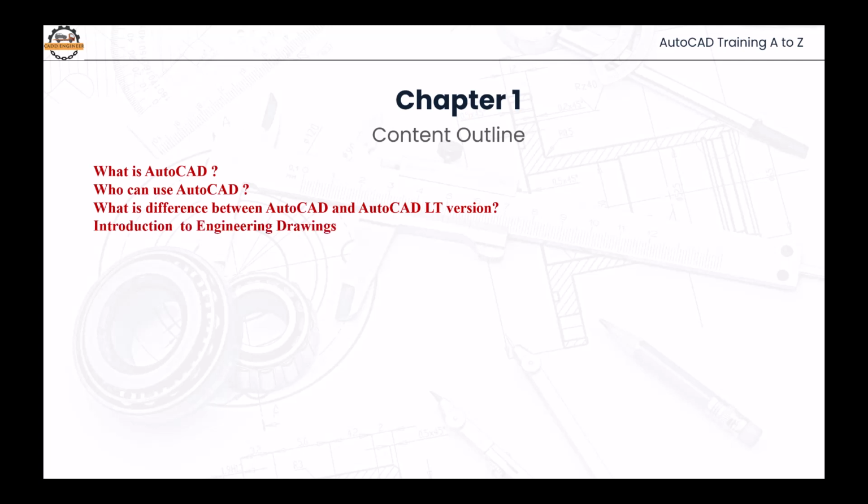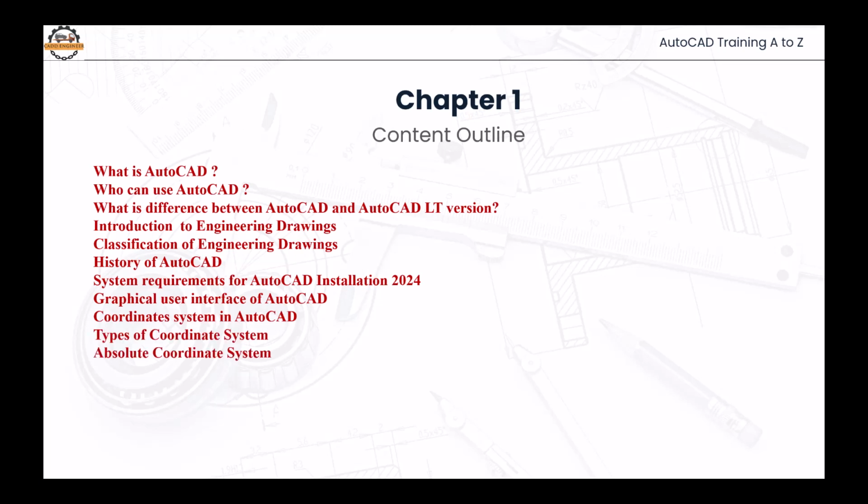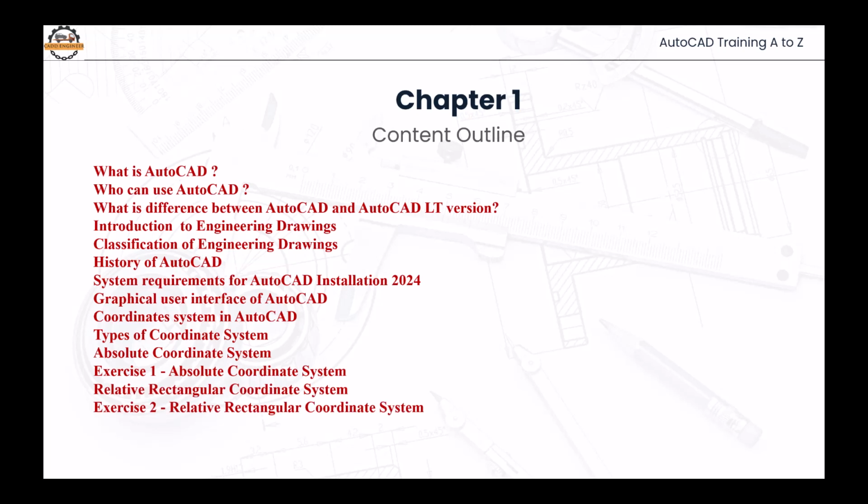Introduction to engineering drawings, classification of engineering drawings, history of AutoCAD, system requirements for AutoCAD 2024 installation, graphical user interface of AutoCAD, coordinate system in AutoCAD, types of coordinate system, absolute coordinate system, exercise 1 on absolute coordinate system, relative rectangular coordinate system, exercise 2 on relative rectangular coordinate system, relative polar coordinate system, and exercise 3 on relative polar coordinate system. Let's start. Chapter 1.